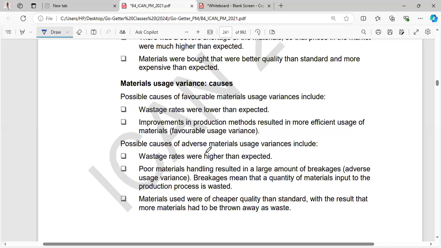Production method has changed. Favorable variance will improve. What about adverse? Waste is higher than expected. We're expecting that 10 cups of flour will be wasted normally, and you now wasted 12.